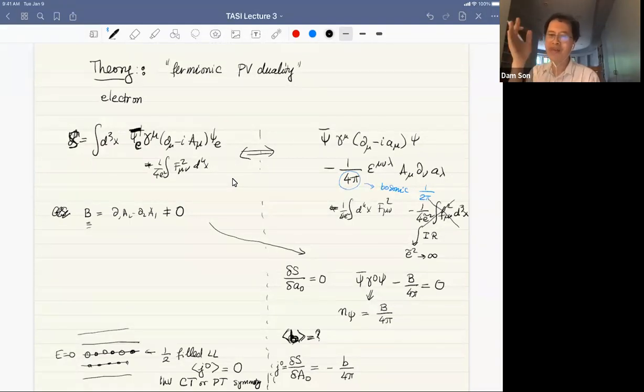I cannot use T or P or C separately, because I have a magnetic field which flips sign under each of these discrete transformations. I combine them, then the problem has the symmetry. If all the discrete symmetry of the original theory is not broken by the ground state, then the charge density has to be 0, or this level is half filled. So if J equal to 0, that means B equal to 0. So the expectation of B is 0.